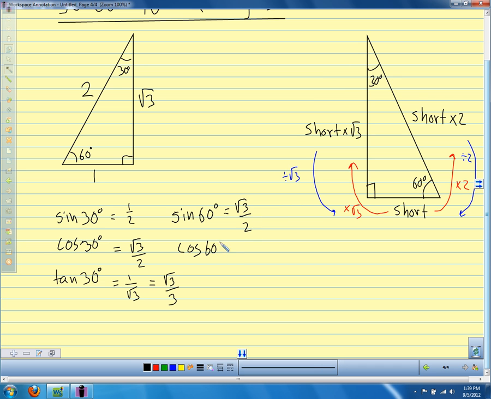The cosine of 60 degrees is adjacent over hypotenuse, 1/2. And the tangent of 60 degrees is opposite over adjacent, or just square root of 3.